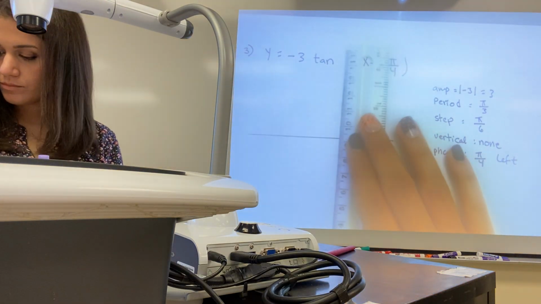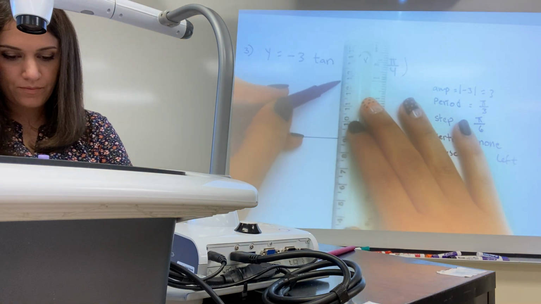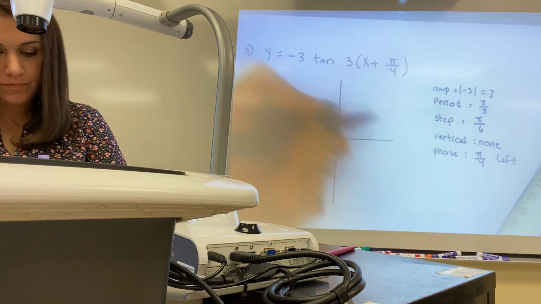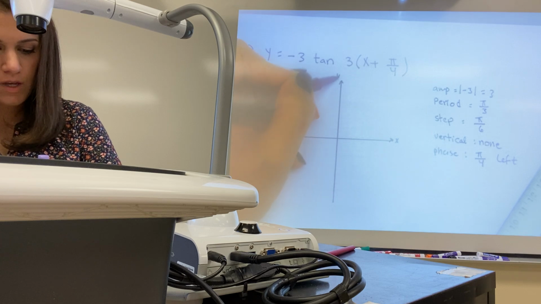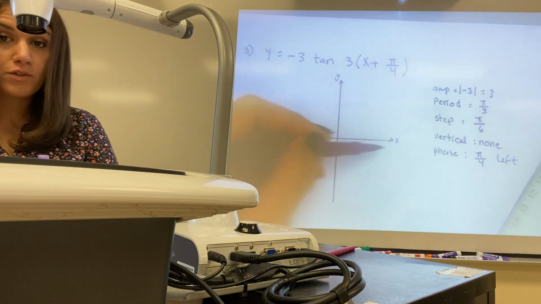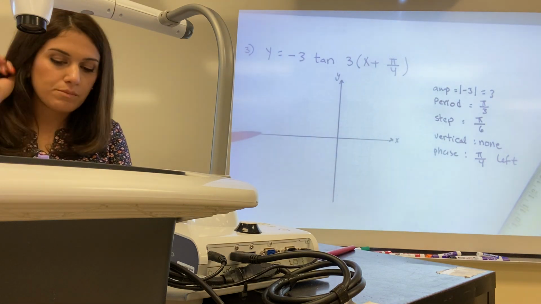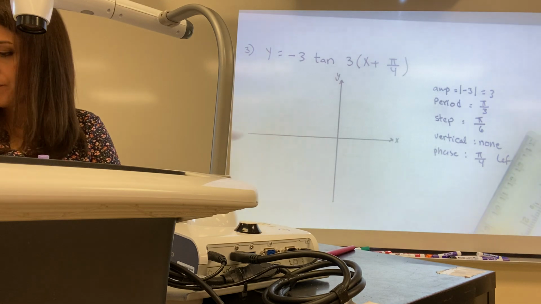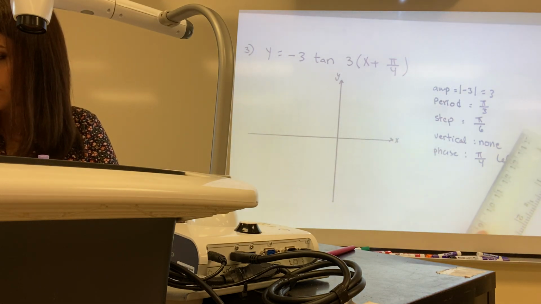So here's x and y. We don't have a vertical shift, so we will work around the x-axis, but the y-axis will be shifted this time pi over 4 to the left.